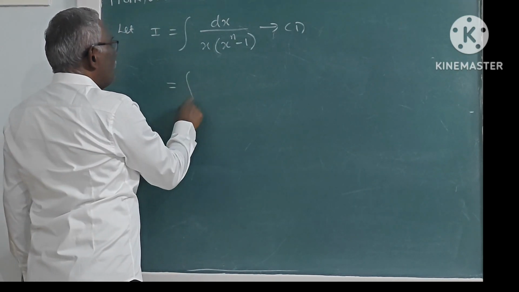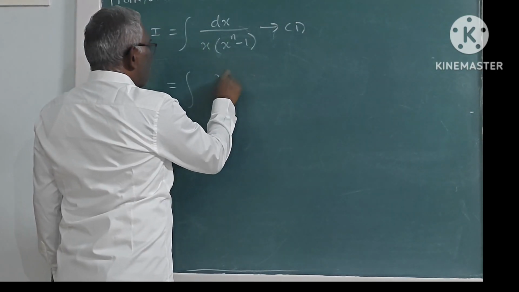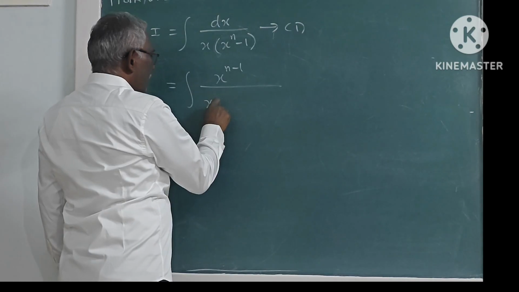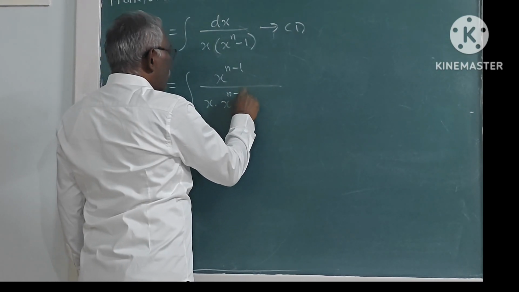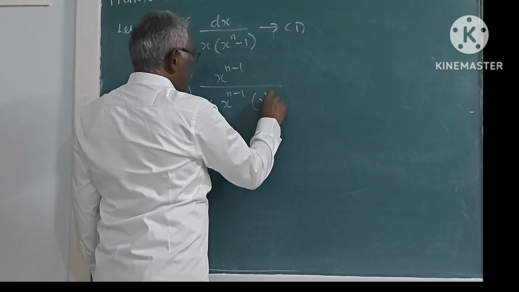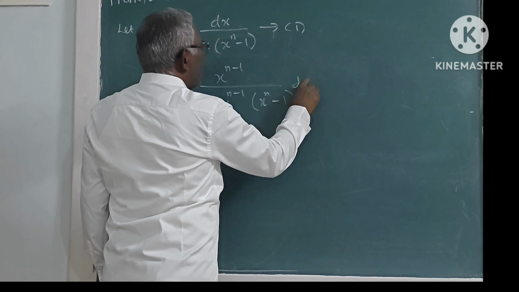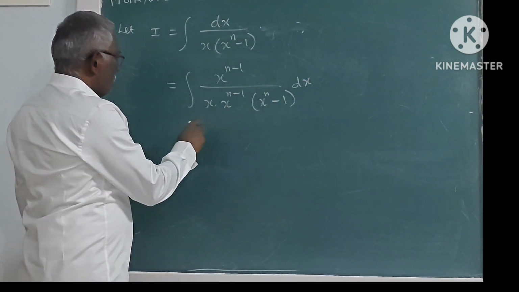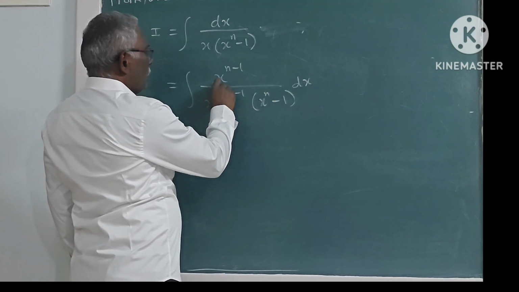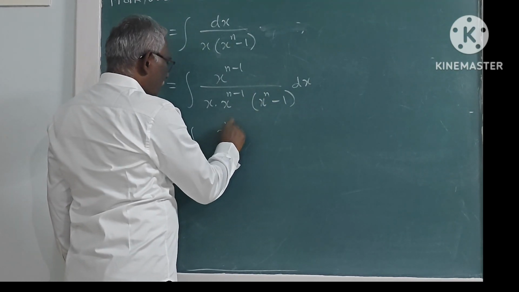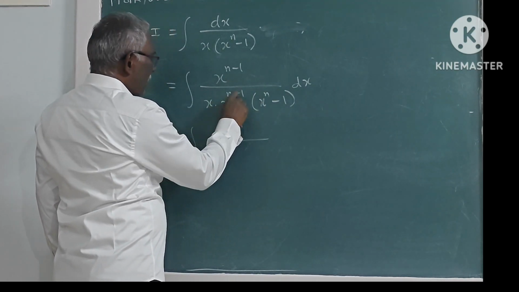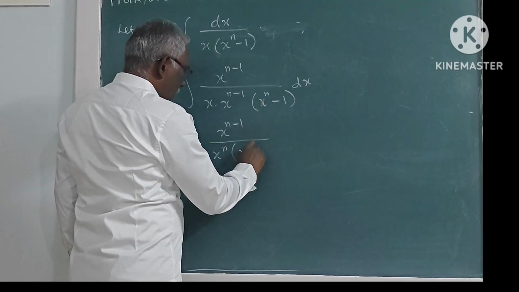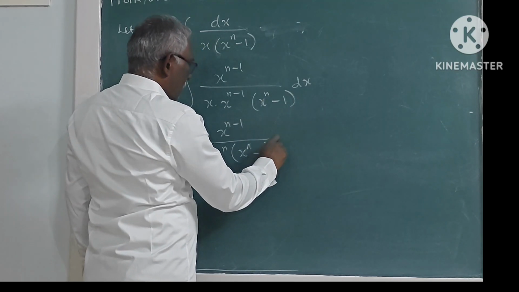It is equal to x power n minus 1 by x into x power n minus 1 into x power n minus 1 dx. So this will be x power n minus 1 by x power n into x power n minus 1 dx.